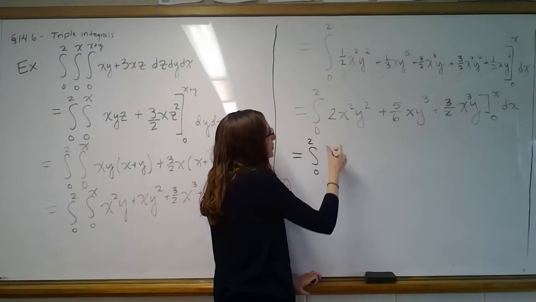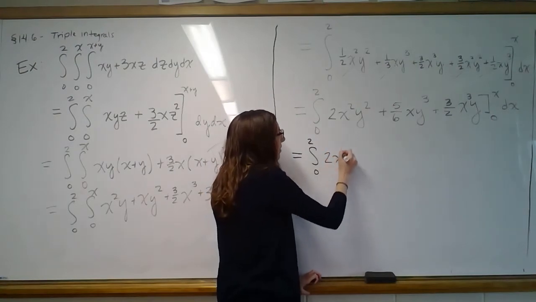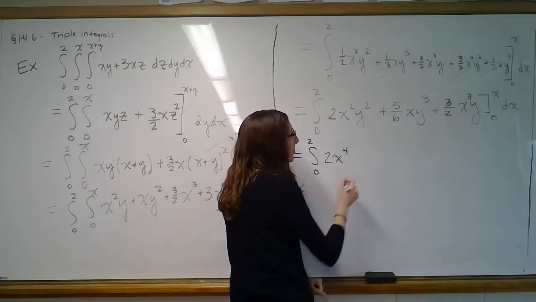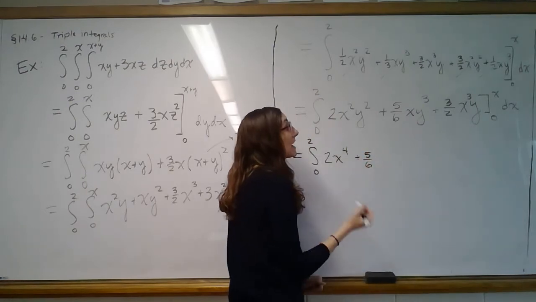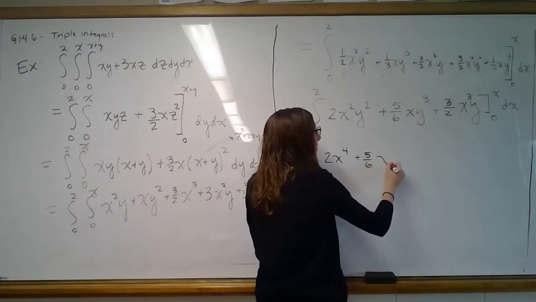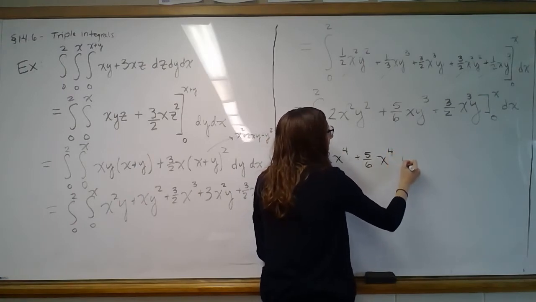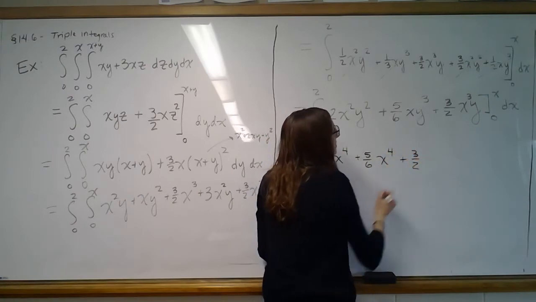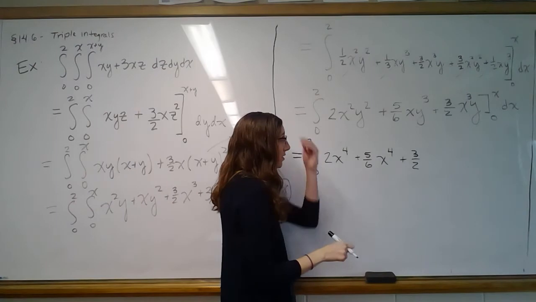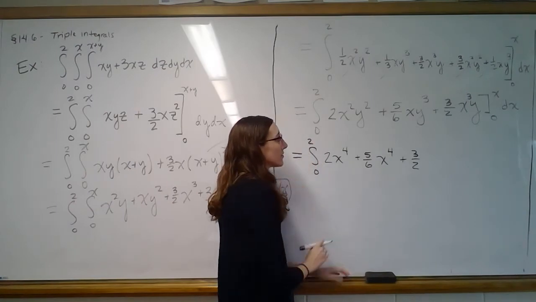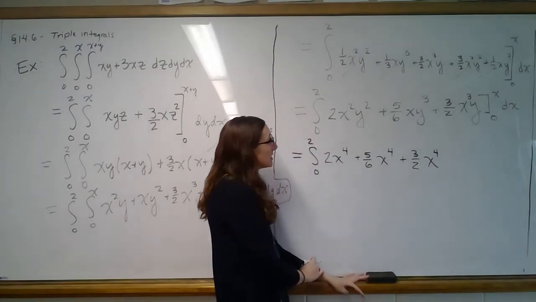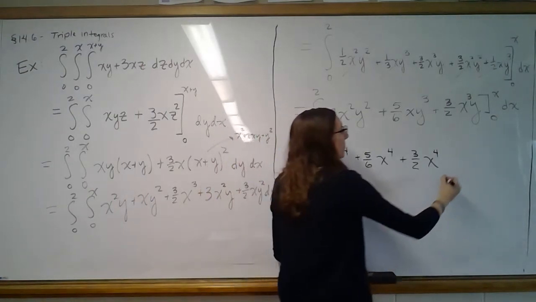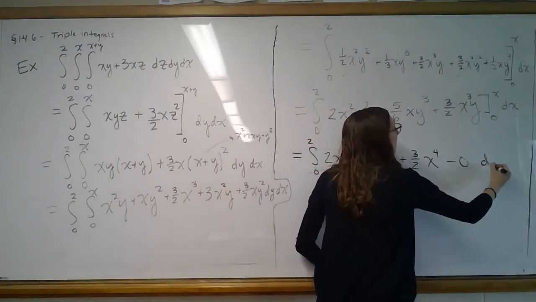So we'll really have 2x to the 4th, and then we'll have plus 5/6, again x to the 4th, and then 3/2, again x to the 4th. So it's just x to the 4th in all different ways. And then notice if I plug in 0 for all the y's, we just get minus 0.